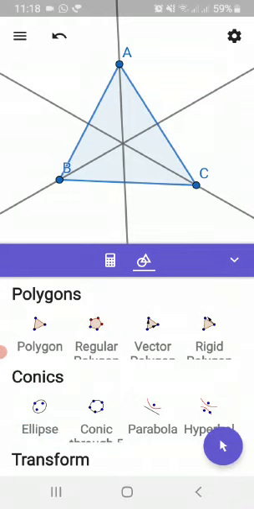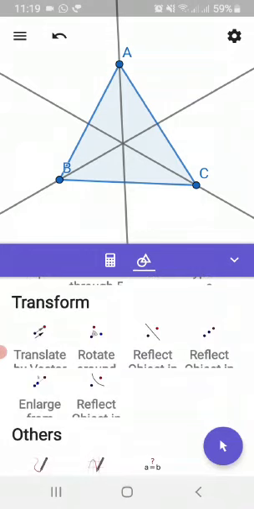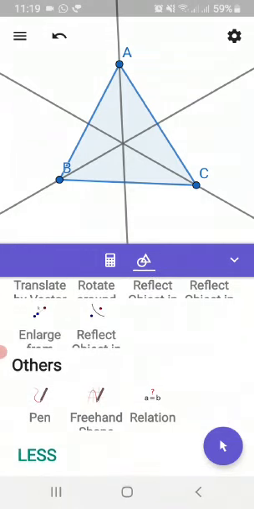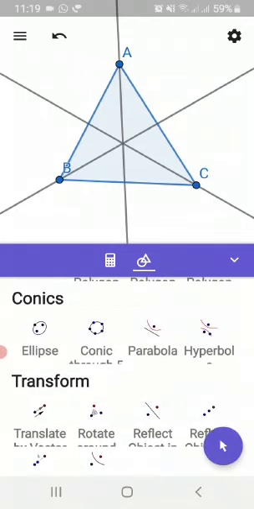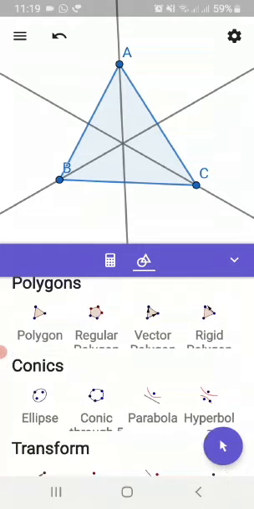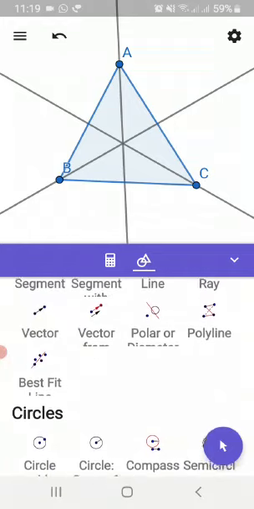So if we now try to locate the incenter in different types of triangles, we can very well use this move tool in GeoGebra, and we can move the points A, B and C to get different types of triangles, and then we will see the location of incenter in different types of triangles.